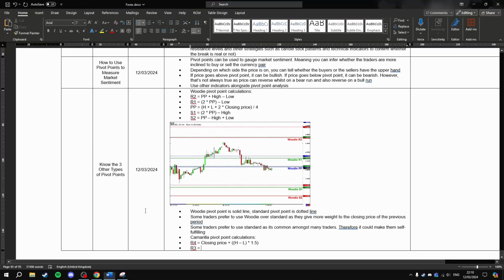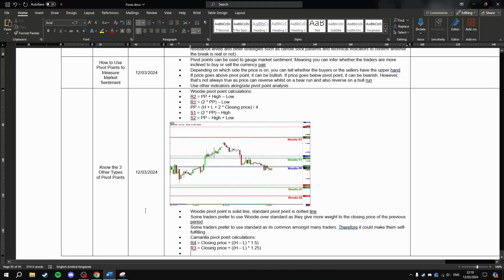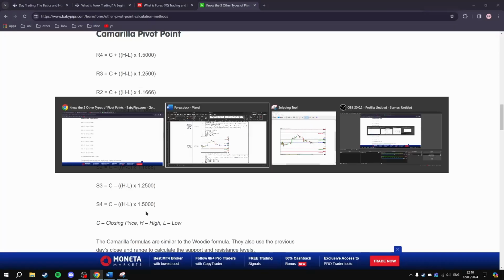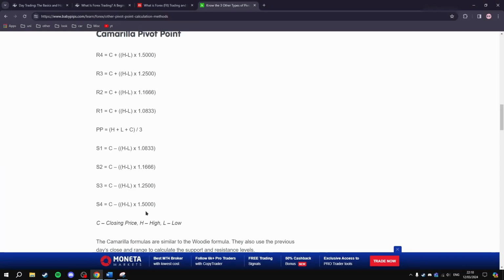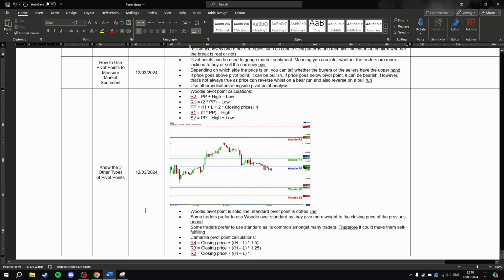R3 is equal to closing price plus high minus low times 1.25. R2 is equal to closing price plus high minus low times, what's that, 1.1666.